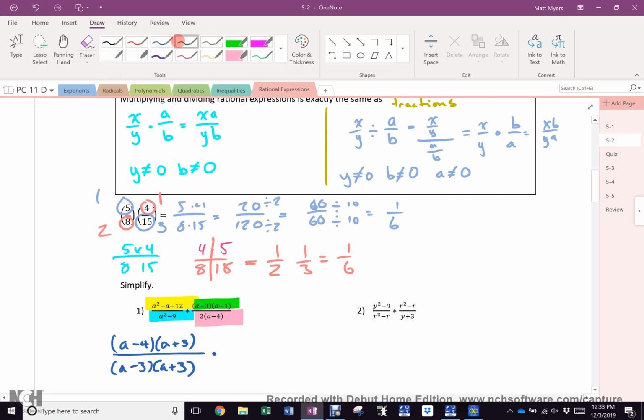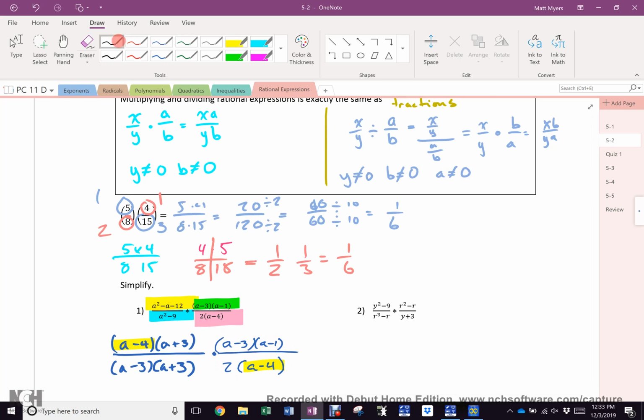A minus 3, A minus 1 over 2, A minus 4. Yes? Now, if you know A, that's a single number, yes? Is it the same as that one? So if you have the same number on the top and the bottom of a fraction, what do you get to do?